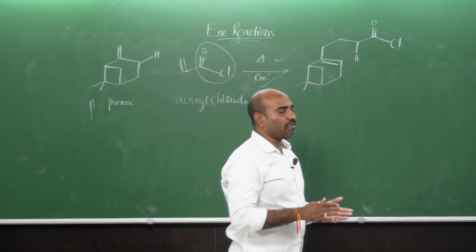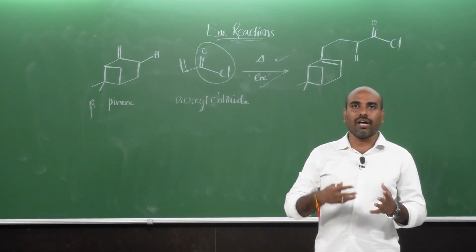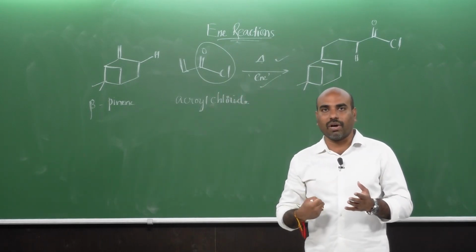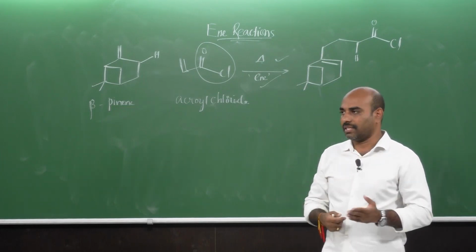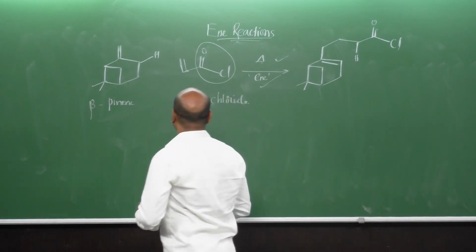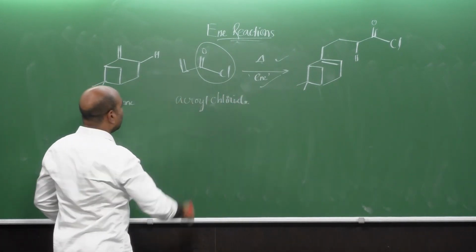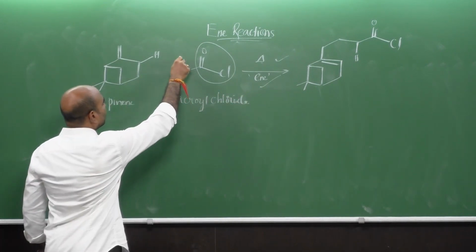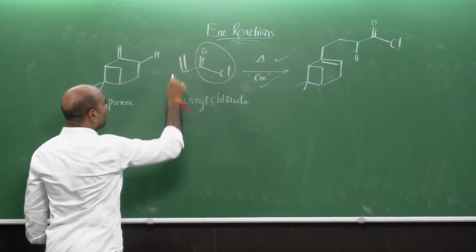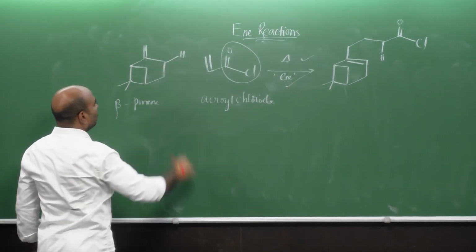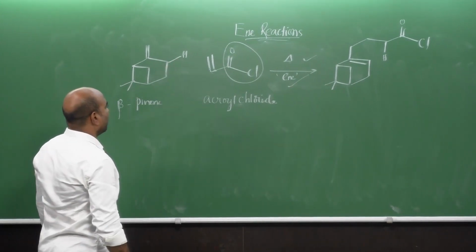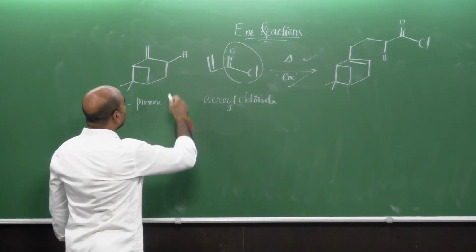Similarly, in the case of ene reaction, if there are electron withdrawing groups on the enophile, then the reactivity also increases for the particular reaction. So, this has an electron withdrawing group, therefore, the reactivity of this particular enophile is more. Okay. So, this is the hydrogen which is trying to migrate. Okay. So, what is happening here?